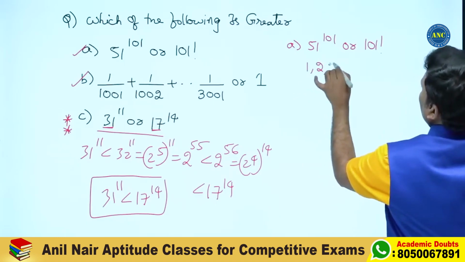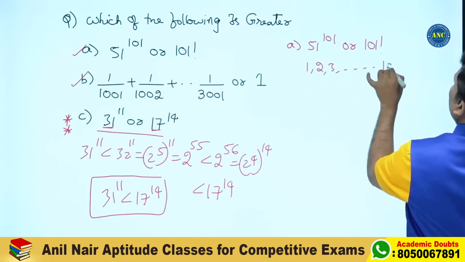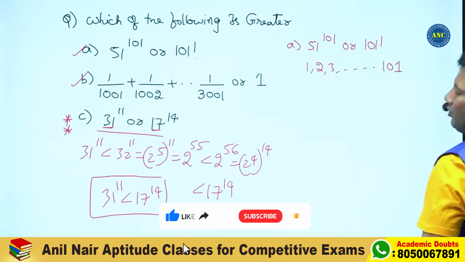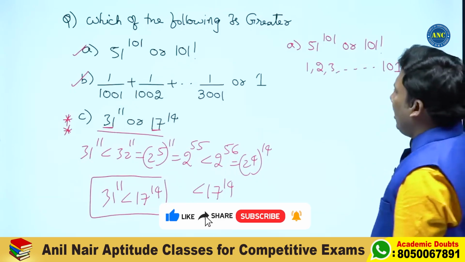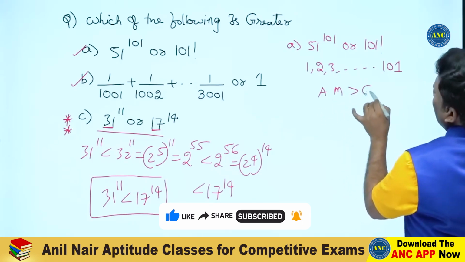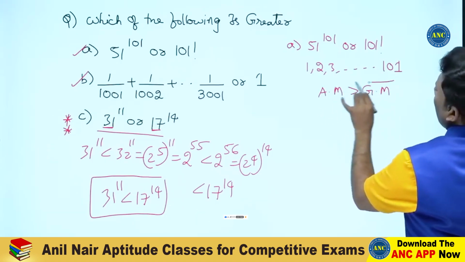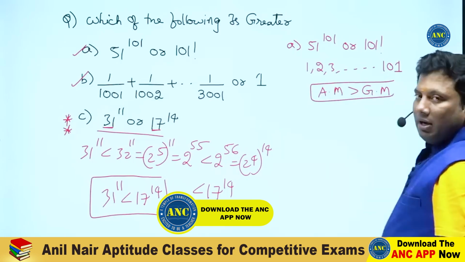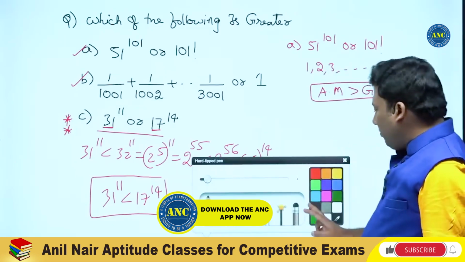101 factorial is the product of all natural numbers from 1 to 101. Arithmetic mean is greater than geometric mean. What do you mean by arithmetic mean?